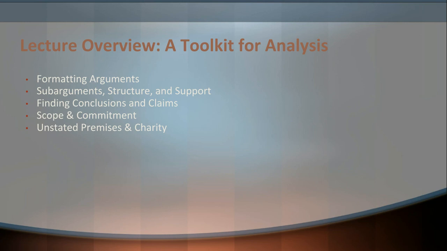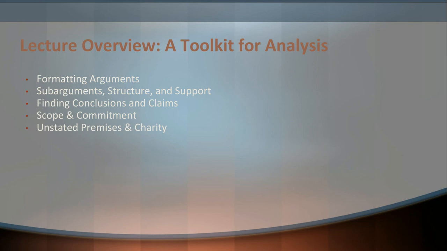It's not enough to recognize that arguments exist or that they're out there. We also need to be able to talk about them with some degree of detail and rigor, and just basically give us a few more tools for working with these kinds of things as we continue trying to be better critical thinkers overall. So to that end, we're going to be looking at formatting arguments.